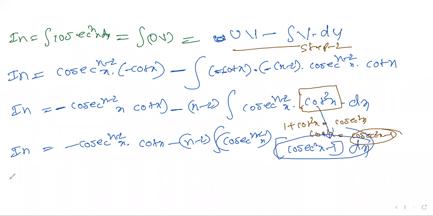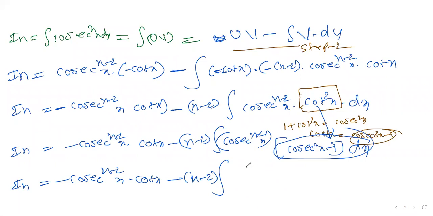Now you should multiply inside. In is equal to minus cosecant power n minus 2 x into cot x minus n minus 2 into the integration of cosecant power n minus 2 into cosecant square x. So n minus 2 plus 2, automatically what do you get? Plus 2 minus, cosecant power n x dx.